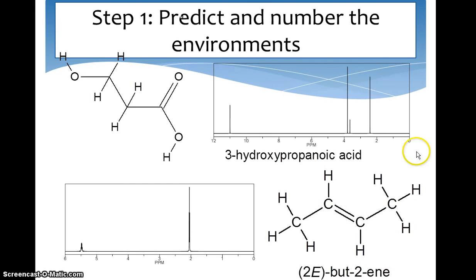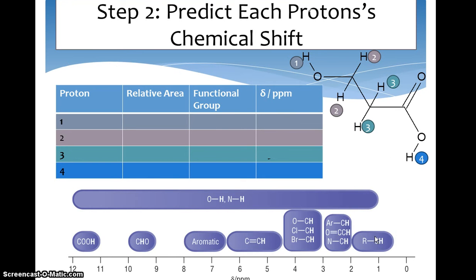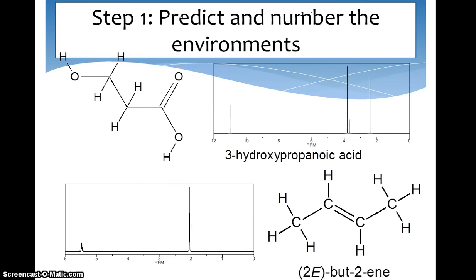Well, hopefully you've worked out that with this one we've got 4 environments, 1, 2, 3, 4, and with this one we've only got 2, because these 3 and these 3 are in the same environment. Oops, I was getting this the wrong way. As are these 2. Apologies.